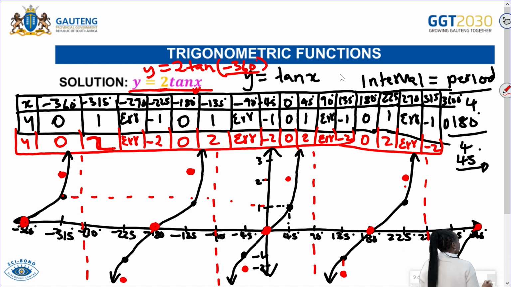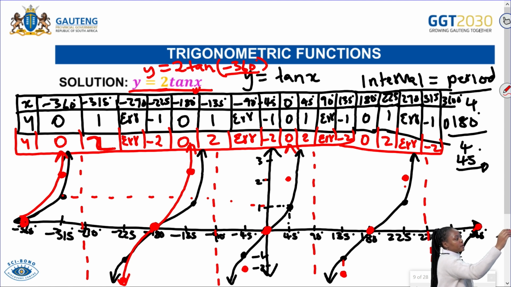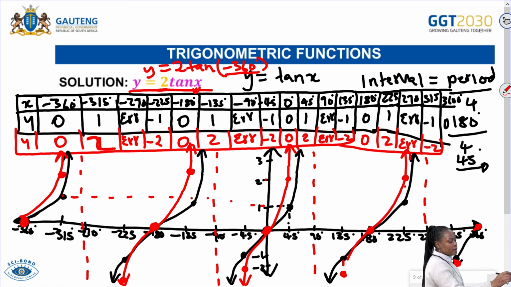So from here, you just connect your dots. So from here, it's going to go up. And then again, it's going to be like this. And then from here, it's going to be like this.